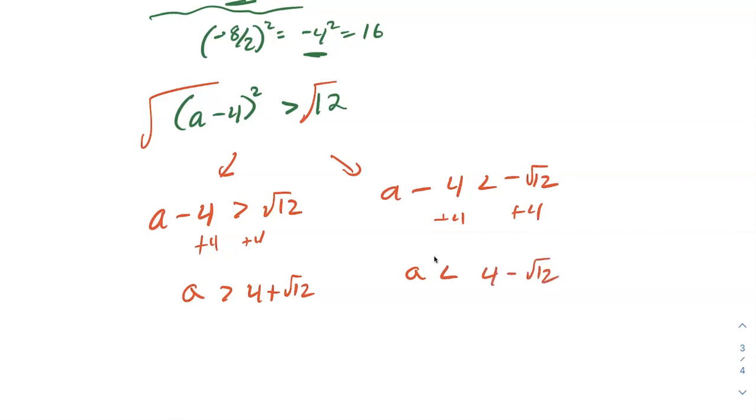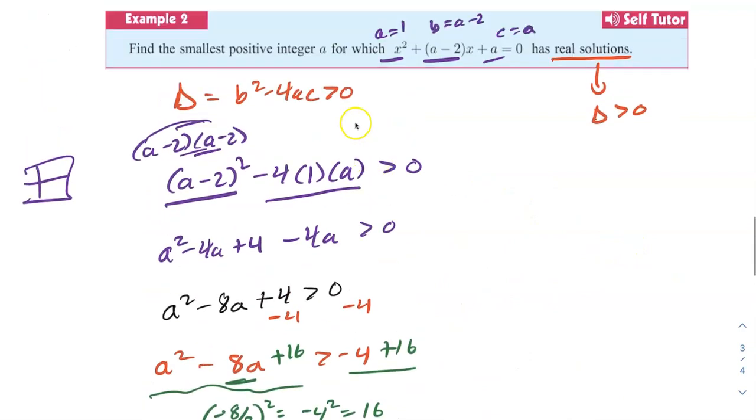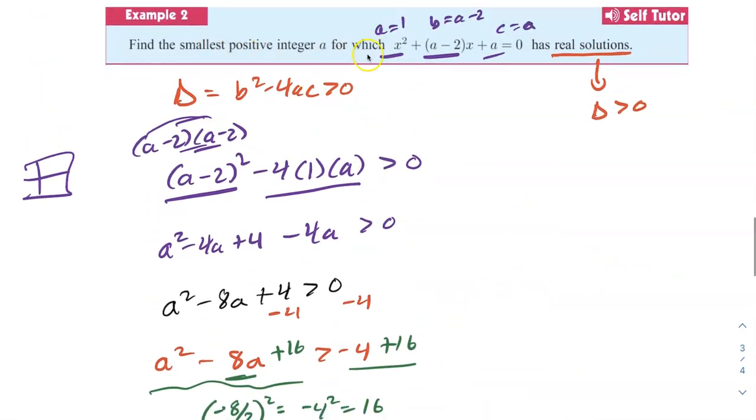If we approximate these in the calculator, I get about 0.536 and approximately 7.46. So we have a is greater than about 7.46 and a is less than about 0.536. Now remember the question was, what's the smallest positive integer?